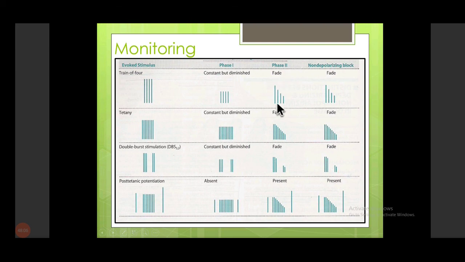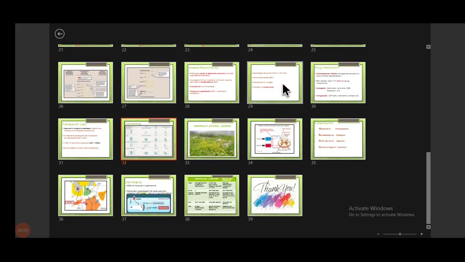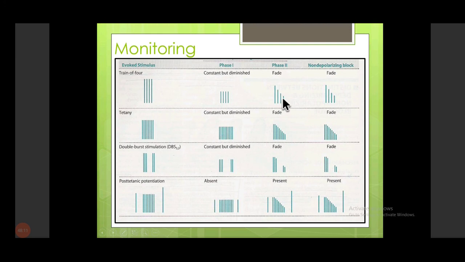Similarly, in phase 2 block, we would see a fade. What is a fade basically? In case of a fade, there is a diminishing of the response. Why? Because, as we've known, the receptors become desensitized, so even if the agonist is at the site, the receptor is not able to propagate the impulse.